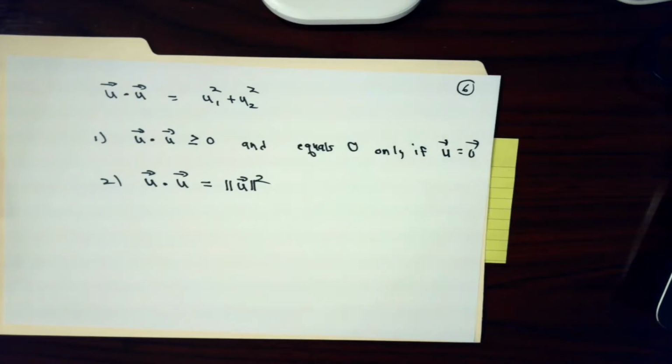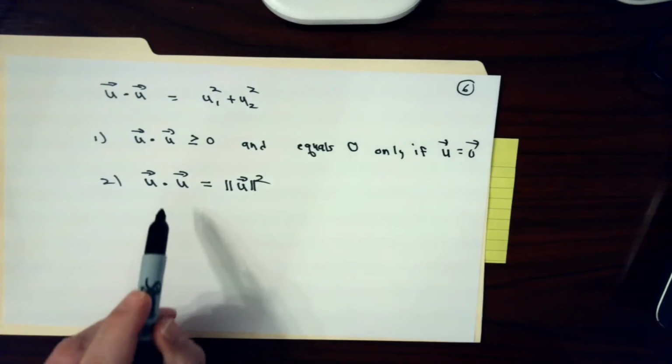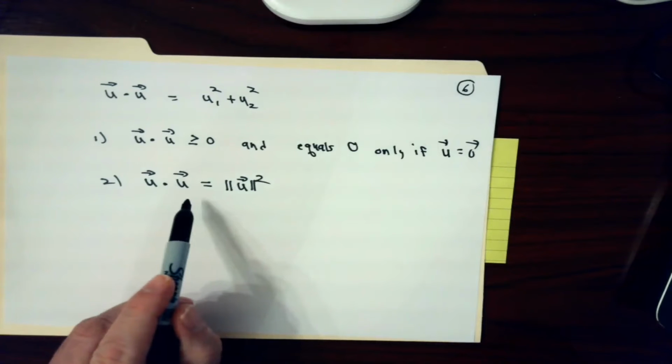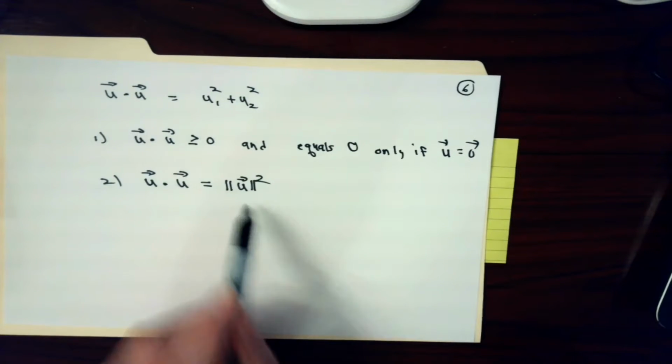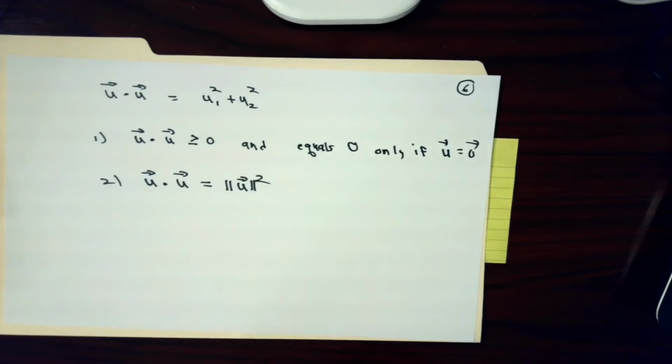Also, if you remember, the way we do the magnitude of a vector, we square the components, add them up, and do the square root. The only difference from that to u dot u is that we didn't do the square root. Another interpretation is u dot u is the length of u squared. So this dot product is going to have something to do with lengths, but there's more to it than that.